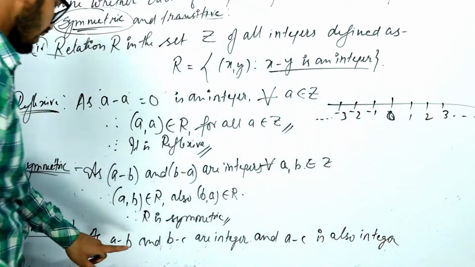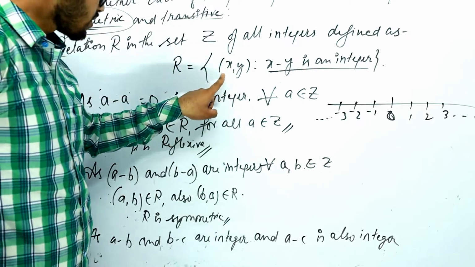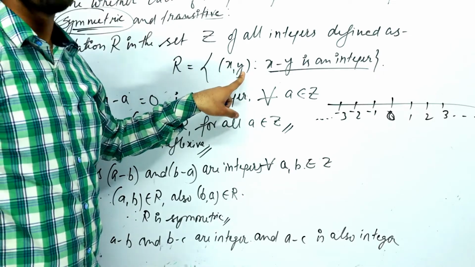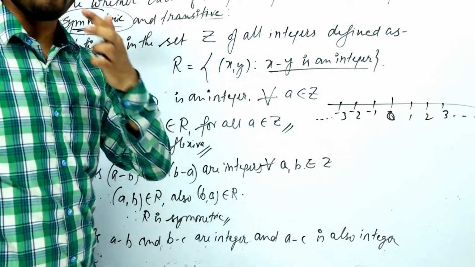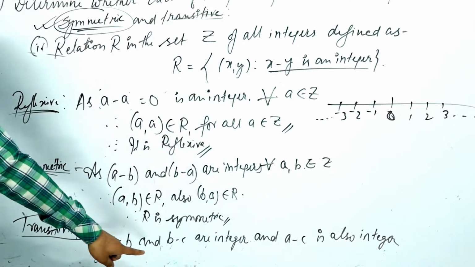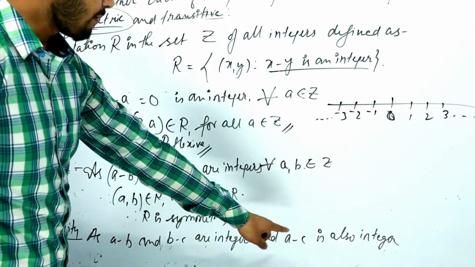That means what? A minus b means x minus y, what I have mentioned here. A minus b and b minus c are integers, and also a minus c is an integer.